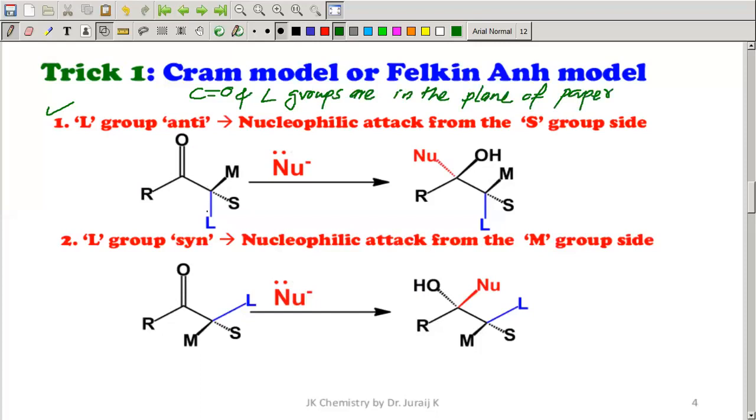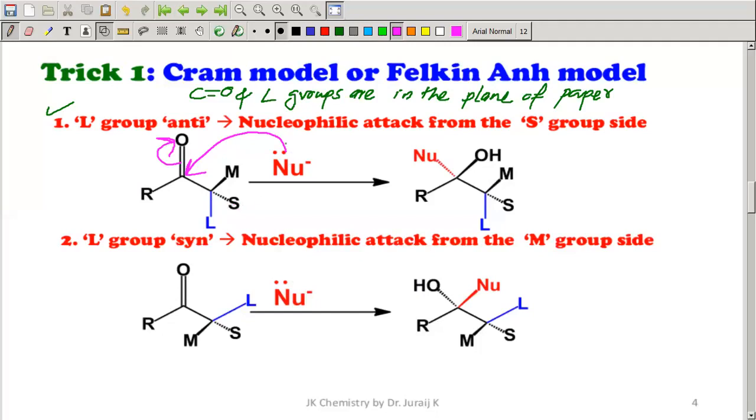First, large group anti. In that scenario, your nucleophilic attack: here, the nucleophile will attack on this carbonyl carbon. And our prediction is that in this case, the nucleophilic attack takes place from the position of the smaller group. Here you can see that your small group is in the dash position, that is the bottom face.